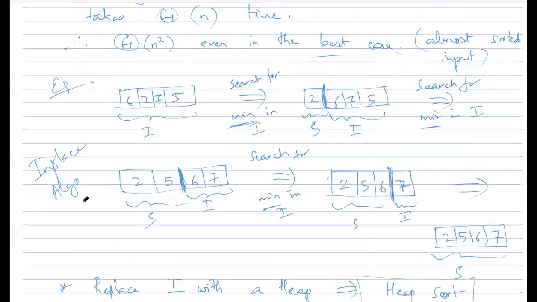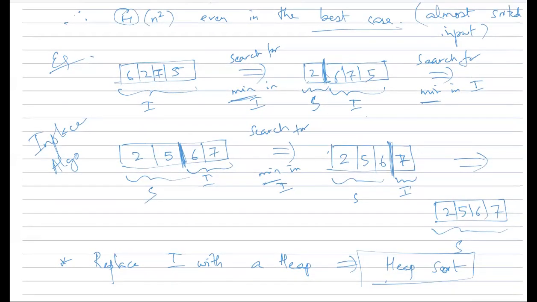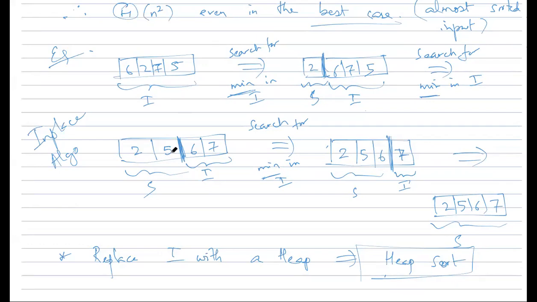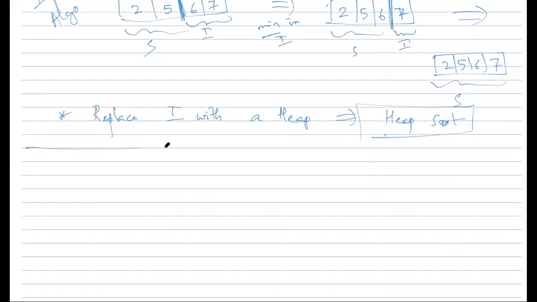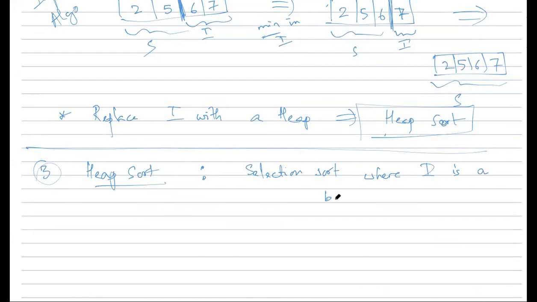All right, so now at this point, we are ready for showing the heap sort algorithm. So this is our third category of sorting algorithm. So heap sort is essentially a selection sort where I is a binary heap.